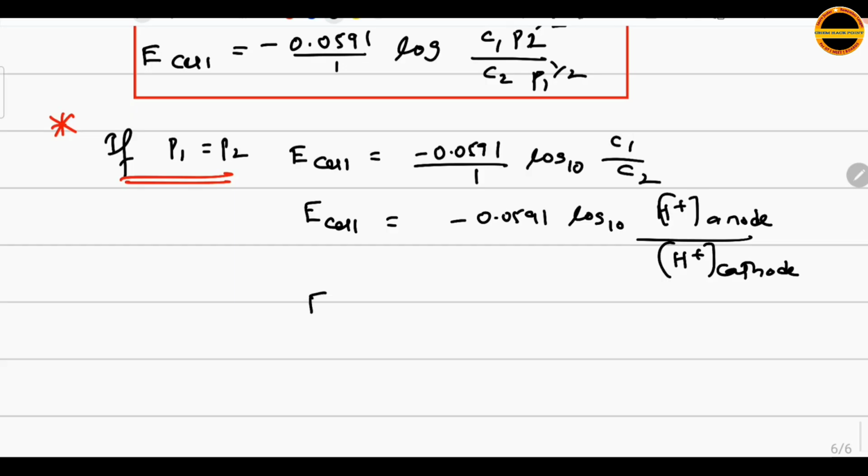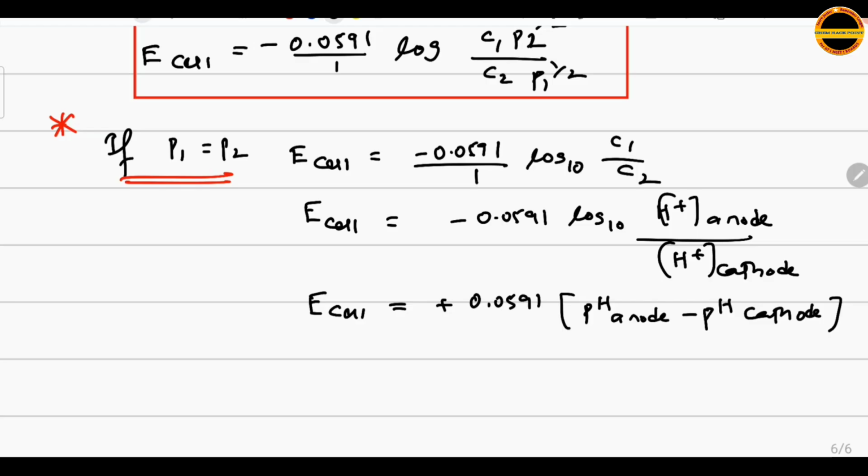If I modify further, as we know, minus log H plus is pH. So you are going to get 0.0591 times the pH of the anode minus the pH of the cathode. One important conclusion: this is the final direct formula you can use, pH of anode minus pH of cathode. When is it valid? It is valid only if P1 is equal to P2.